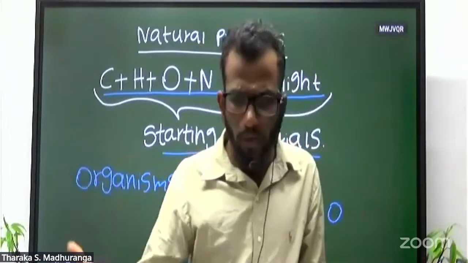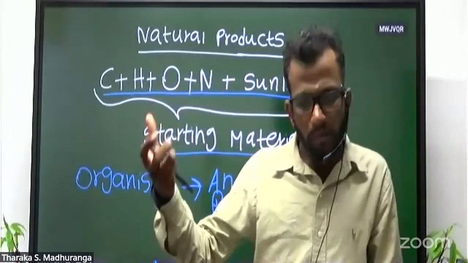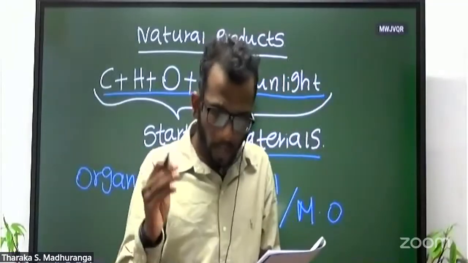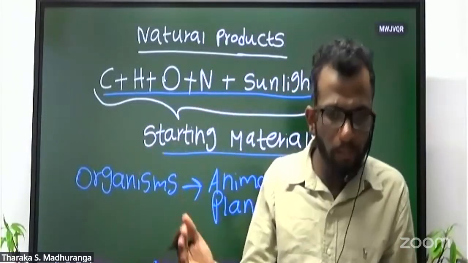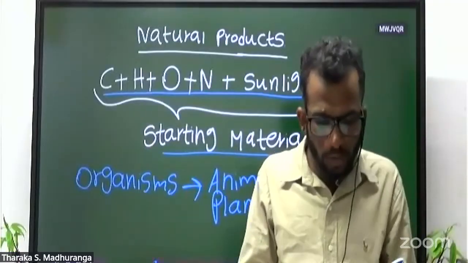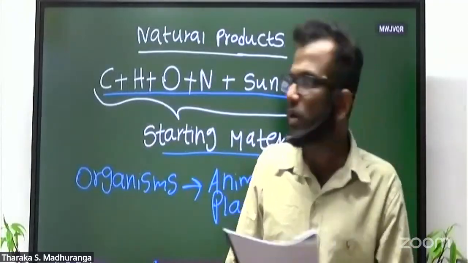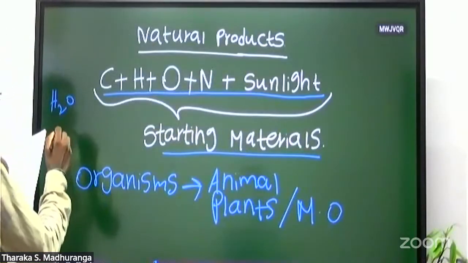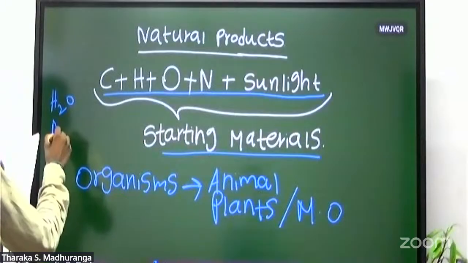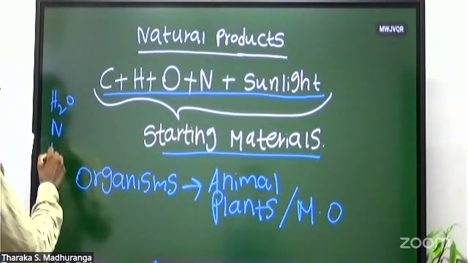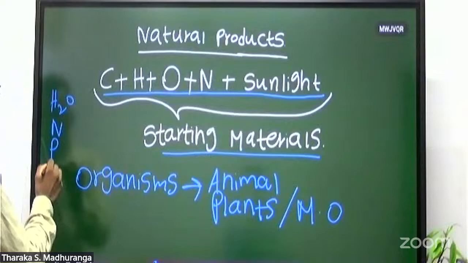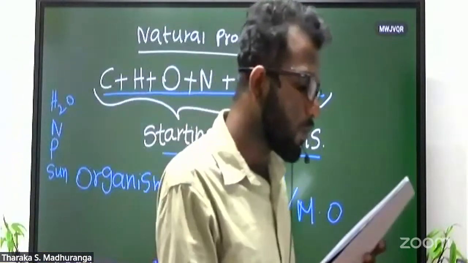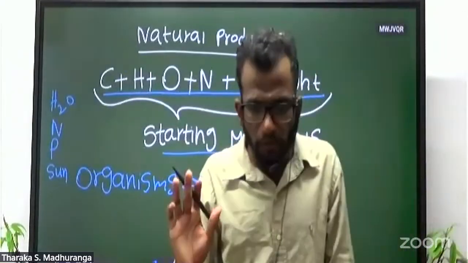Plants and other organisms mean plants, animals, and microorganisms, using water, which means H2O, carbon dioxide, nitrogen, phosphorus, and sunlight as starting materials, which can be called natural products. That's one definition.